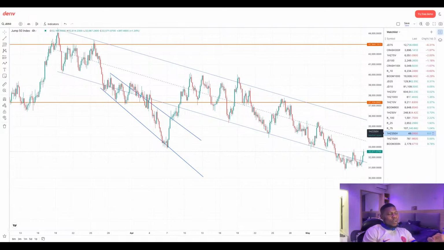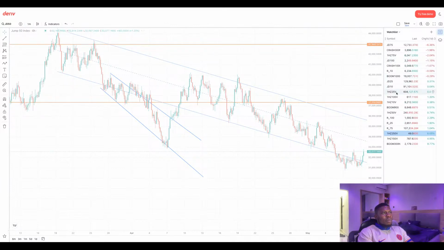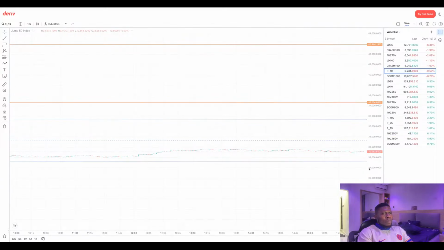So for any call to play out in this place at this moment, maybe on my 1 minute time frame, if it's actually a 1 minute time frame, I already analyzed this volatility 10 on my 1 minute time frame.